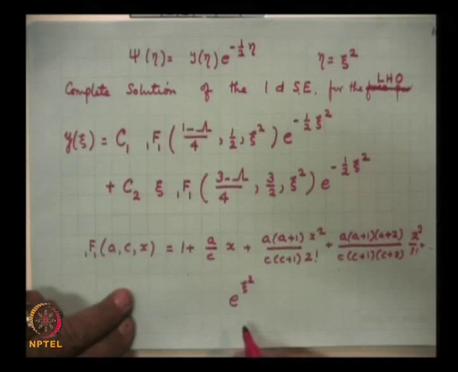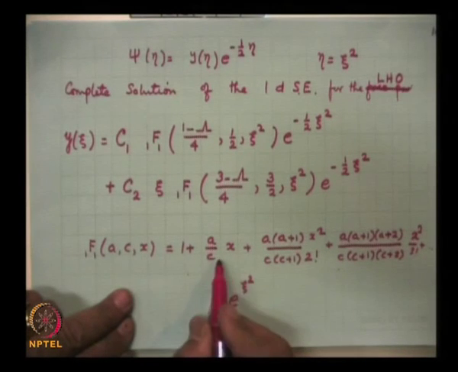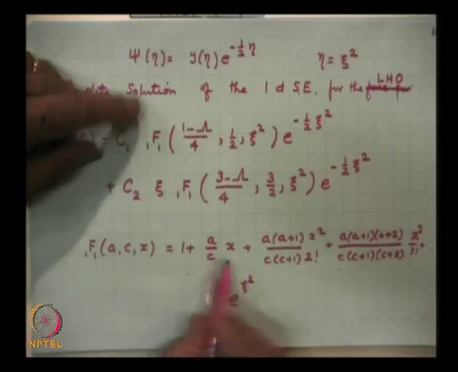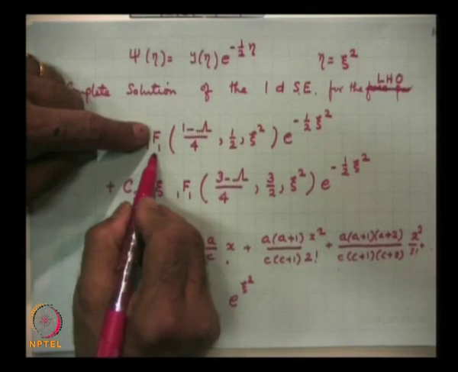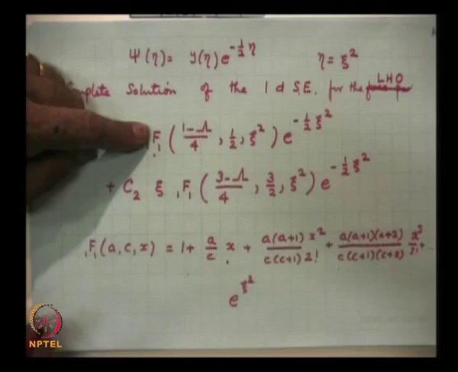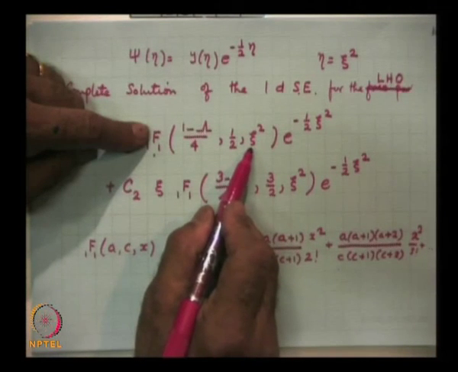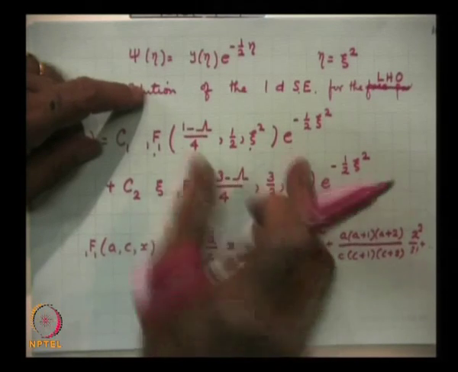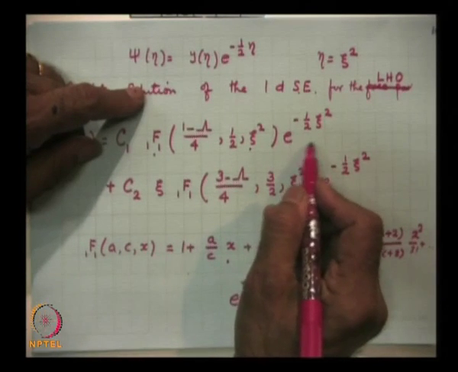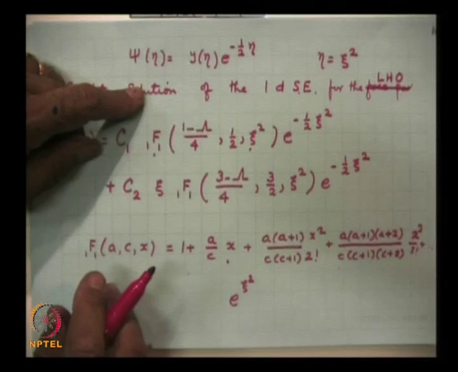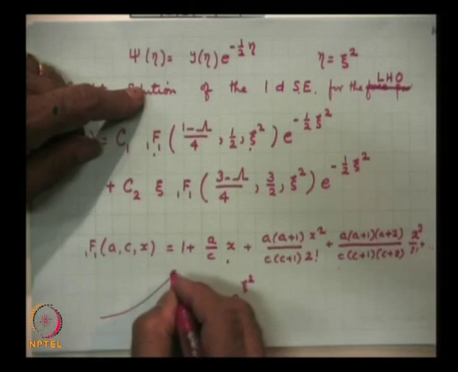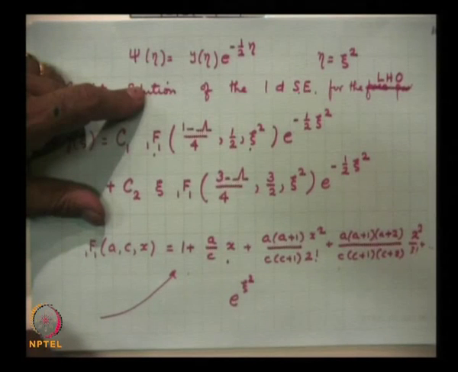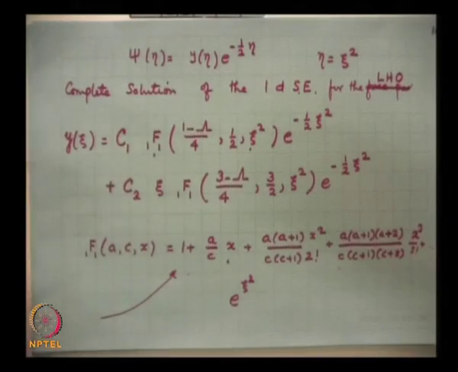Actually, I should write eta here, does not matter. This function behaves as e to the power of x. So, therefore, if this remains an infinite series, then it will behave as e to the power of xi square. So, the total function will behave as e to the power of plus half xi square, and so the wave function will blow up at infinity. And therefore, the wave function will not be normalizable.